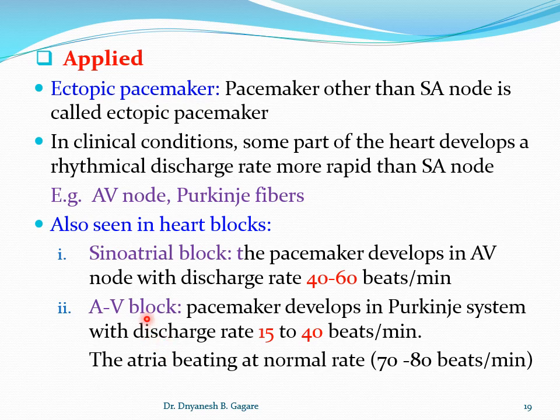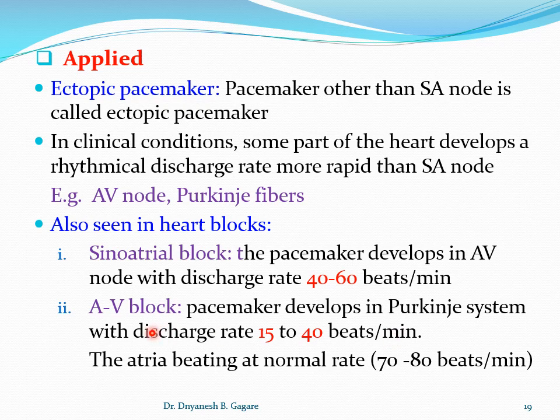Now the second location of block: if the block is at the junction of atria and ventricle, that is called the atrioventricular block. If the block is between atria and ventricle, then the pacemaker develops in the Purkinje system, with a discharge rate of 15 to 40 beats per minute.